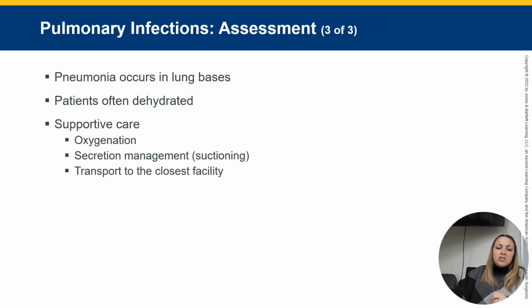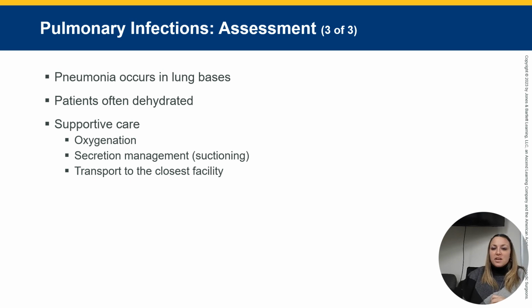For supportive care for these patients, you're going to want to give them oxygen as appropriate to keep them above 94%. If you need to suction any of their secretions, gross, but you might need to. You can take them to pretty much any facility, any hospital. An ER should be able to care for somebody with pneumonia. Really bad pneumonia like sepsis, you're probably going to want to bring to a bigger hospital.